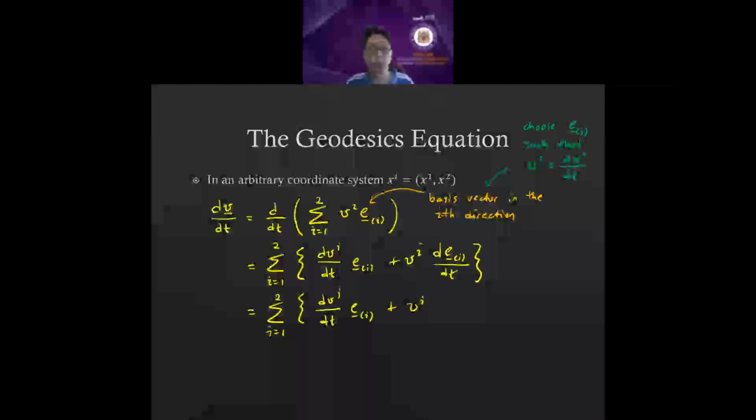We can write de_i/dt as dx^j/dt times the partial derivative of e_i with respect to the coordinate x^j. I should not use i again, so I'm just going to use another letter, j, where here is a sum from j equals 1 to j equals 2, because we're doing things in 2 dimensions.